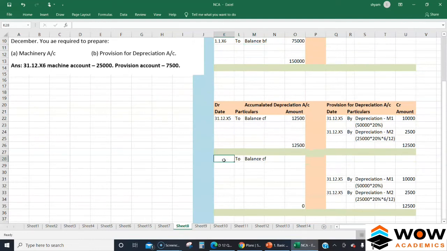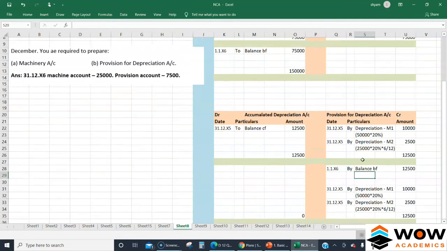So just wait. Right, so on this side it was there, and now we have brought it forward. So we can start working now.